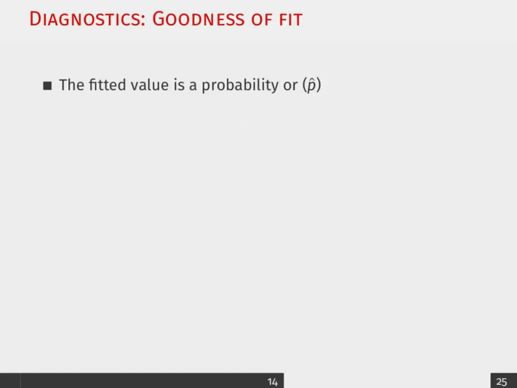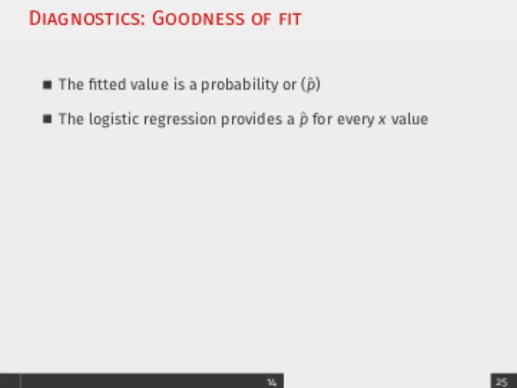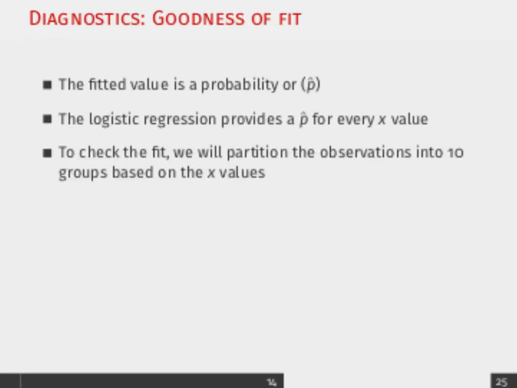So again, remember, you have some fitted value, which is the probability of having CHD in the first place, right? Now, the logistic regression is going to estimate the predicted probability, the fitted value of having CHD for every value of X, or age in this instance.